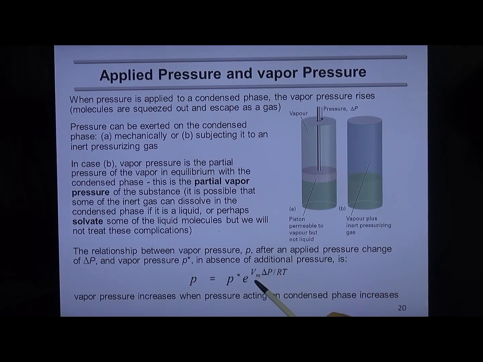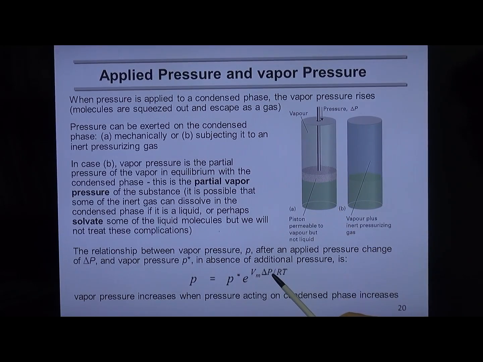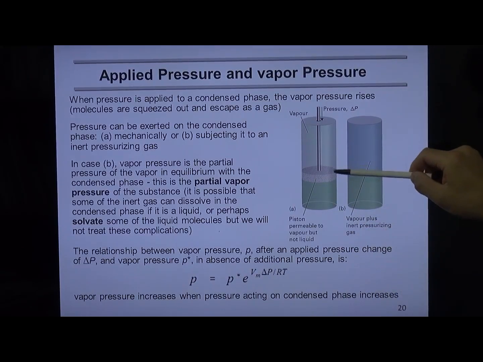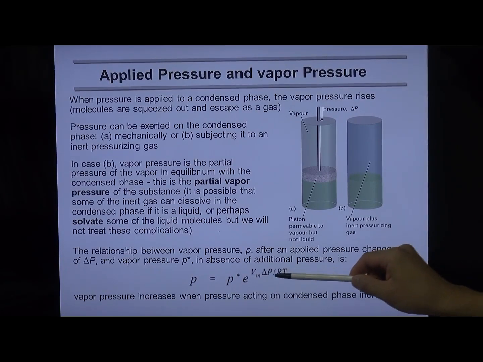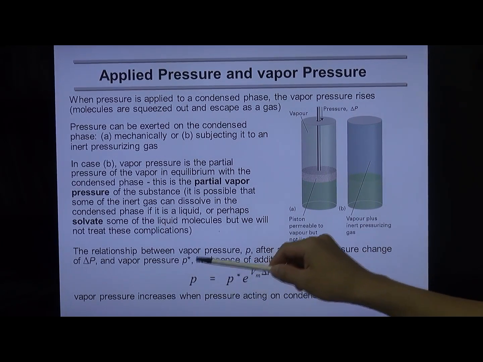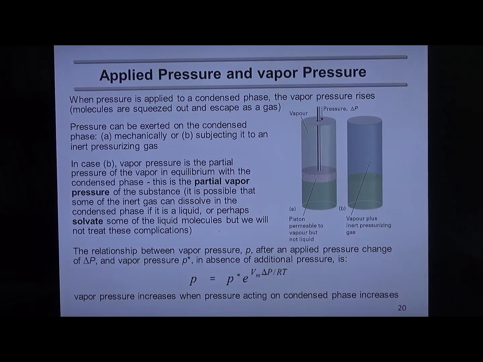Here Vm is the molar volume of the liquid, okay? Delta P is the pressure applied to the liquid, either by a mechanical squeeze like a piston or by a pressurizing inert gas. So if you apply a certain pressure, you increase the vapor pressure of the gas this much.